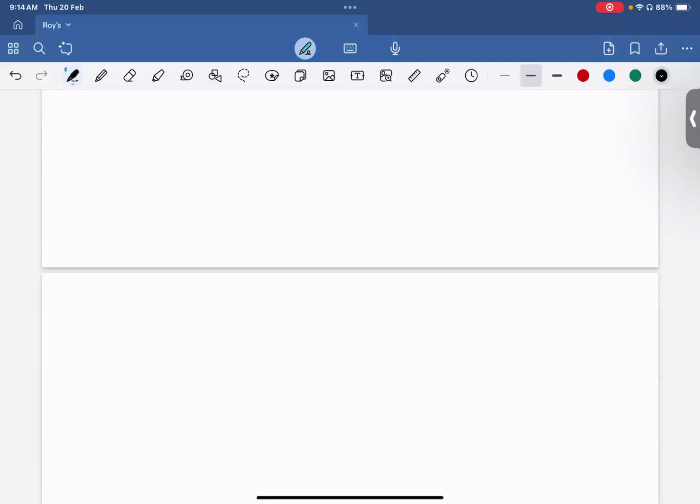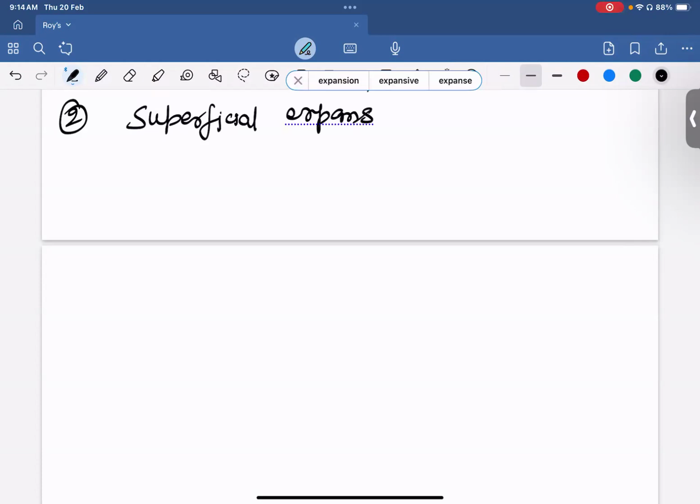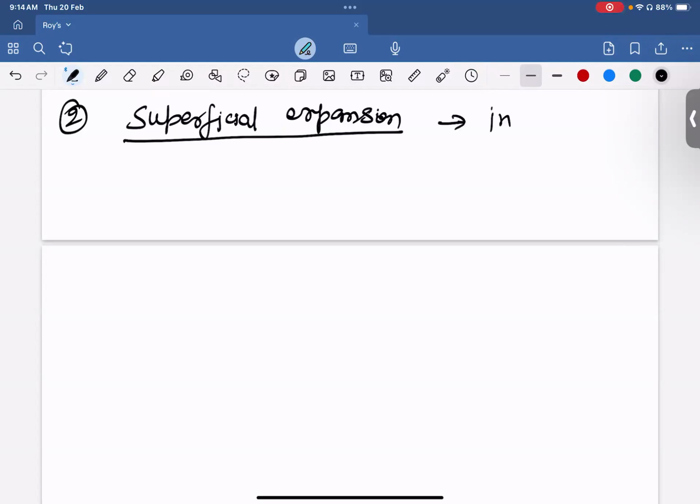Second type of expansion is superficial expansion. We can also say that as area expansion. Here area increases. This is basically increase in area. Now let's understand it in detail.